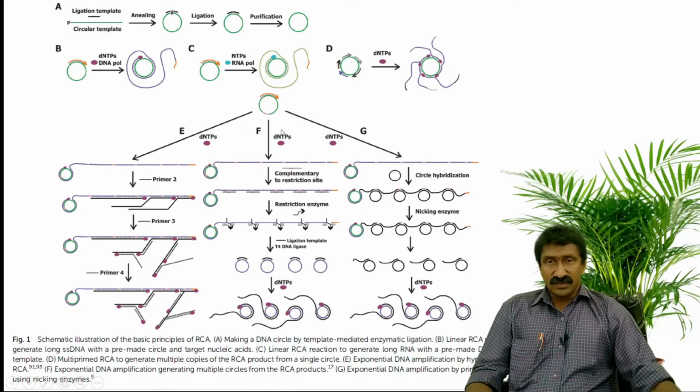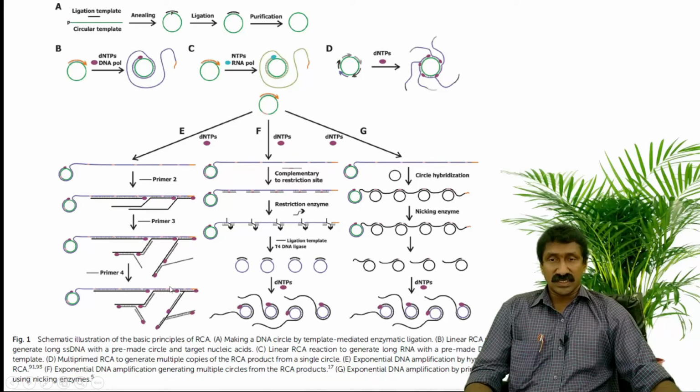Here we have three different cases. The first one, E, is exponential DNA amplification by hyperbranched RCA. Multiple DNA polymerases bind to the newly synthesized DNA. After the rolling circle replication, we have a long strand of DNA, which will be bound by a DNA polymerase, and multiple templates will be copied from this available template.